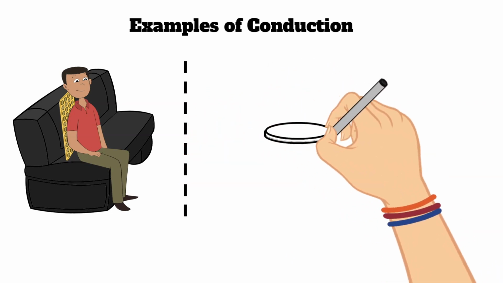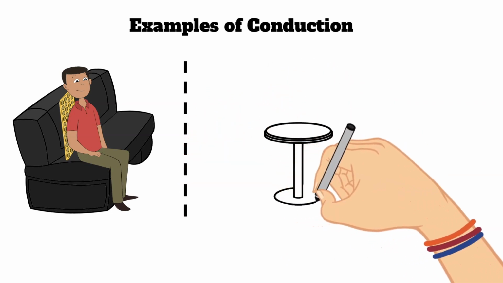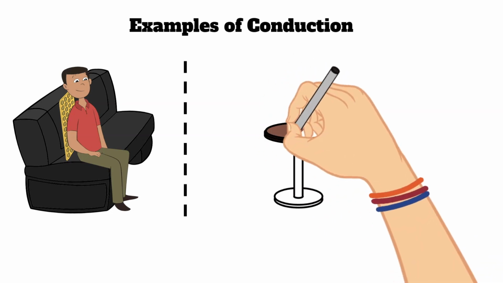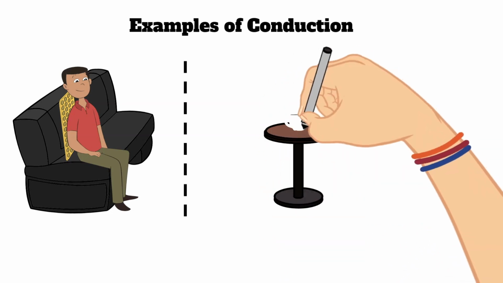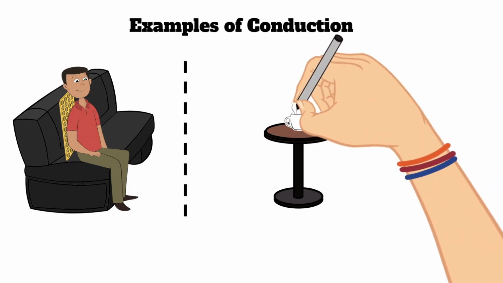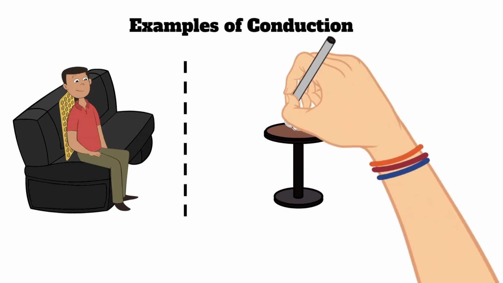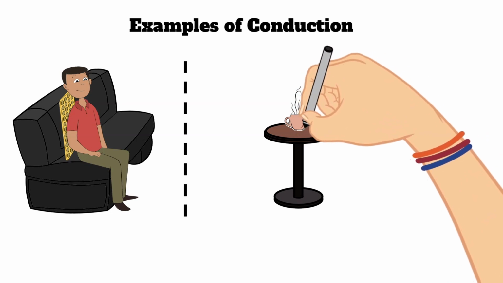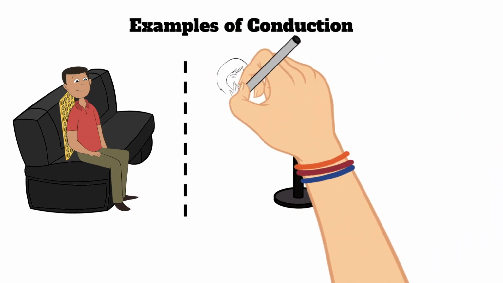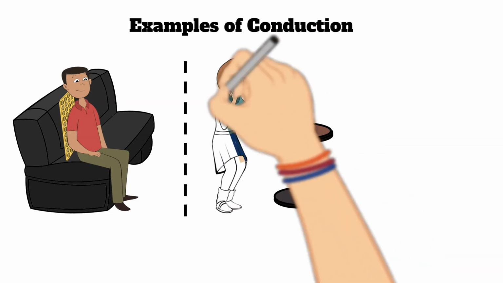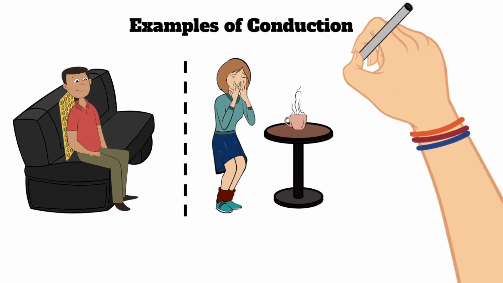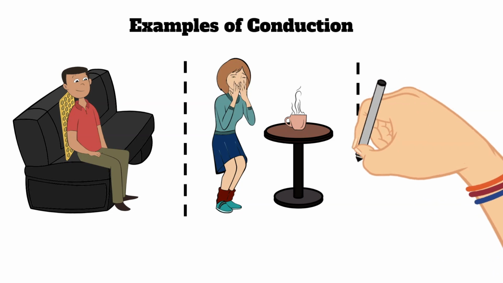Another example would be the heat from a hot liquid that makes the cup itself hot. If you grab a cup that has hot coffee or tea in it, the cup itself will be hot and your hands will feel it. Which is why you need to be careful if you are drinking something hot from a mug.